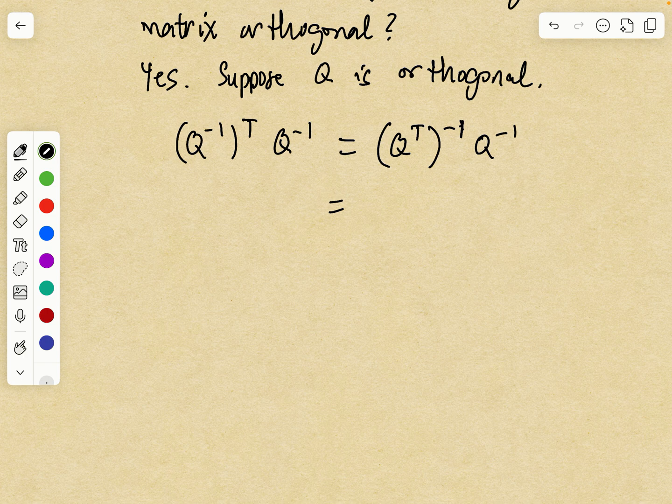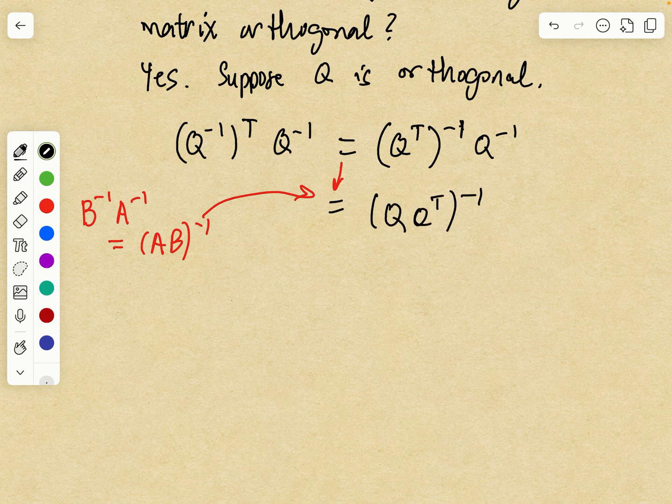And if I have a matrix inverse times another matrix inverse, you see this pattern? I have B inverse A inverse. That's the same as the inverse of the product AB. So using that fact, my B in this case is Q transpose and my A is Q. So I have A, which is Q, times B, which is Q transpose, inverse.